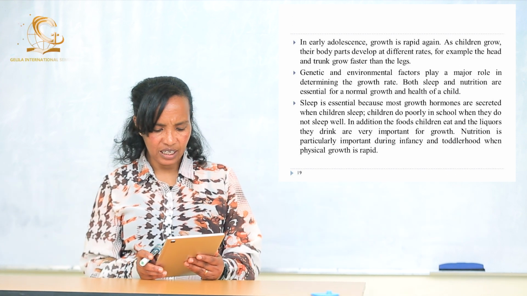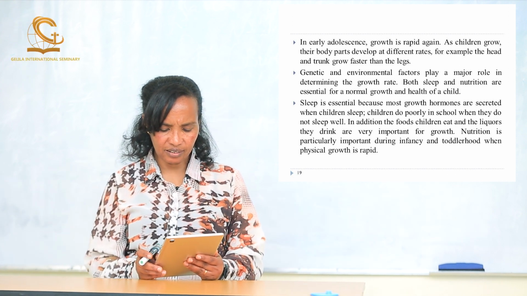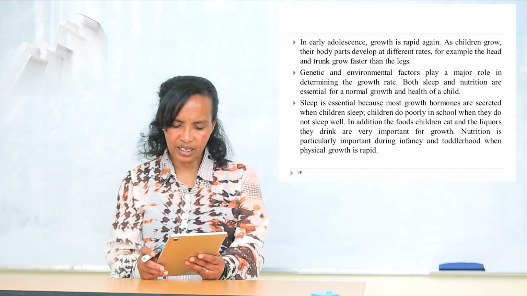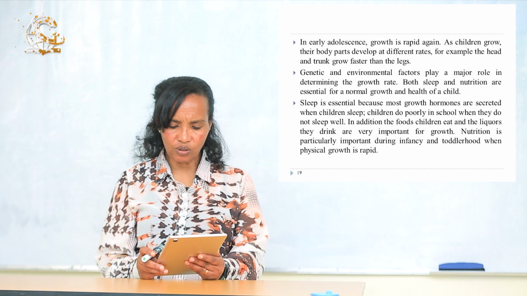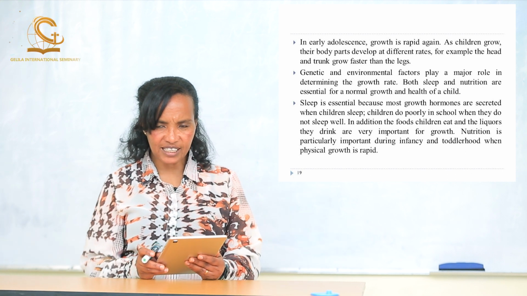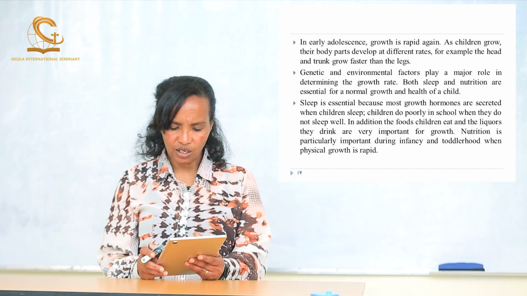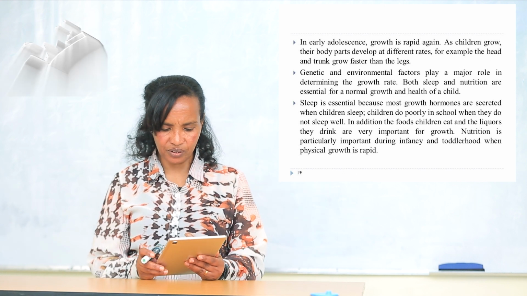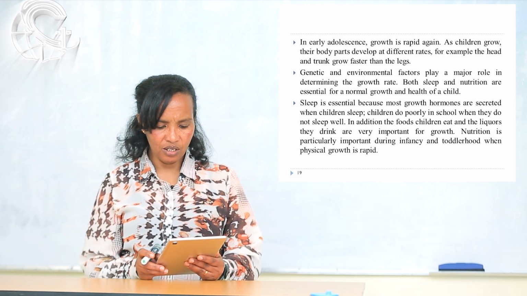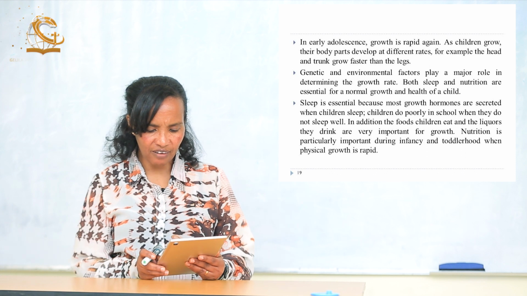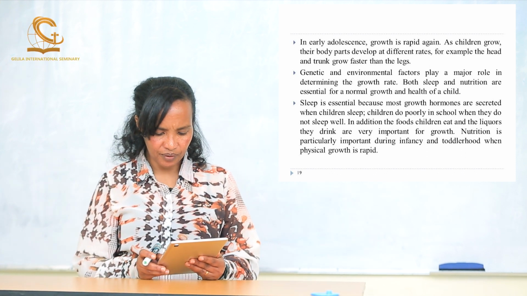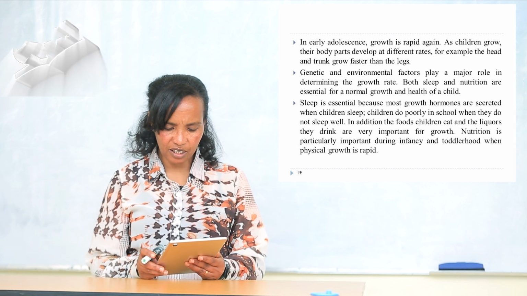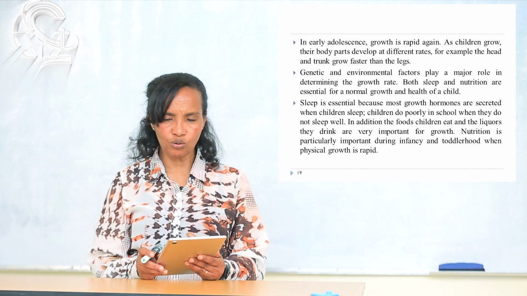In addition, the foods children eat and the liquids they drink are very important for growth. Nutrition is particularly important during infancy and toddlerhood, when physical growth is rapid. So, during childhood, environmental factors such as nutrition and sleep are very important for the rapid growth of children.